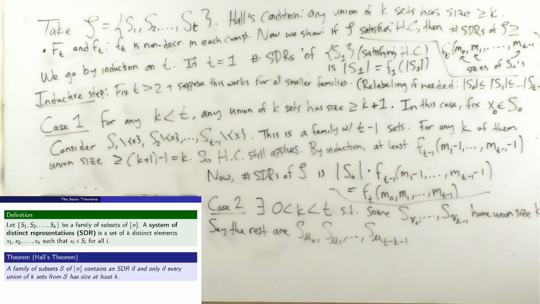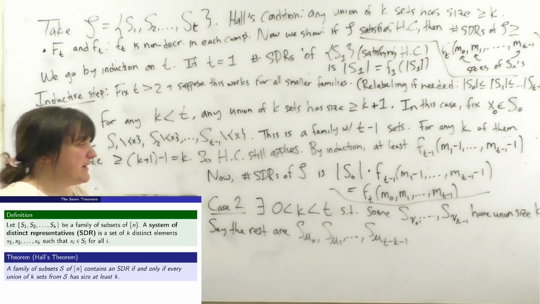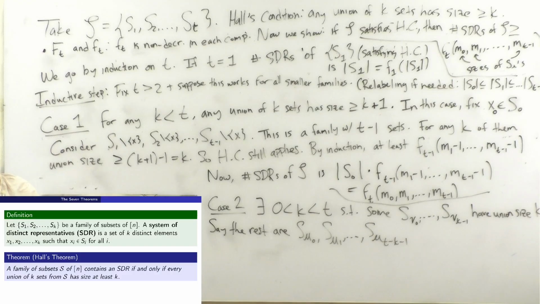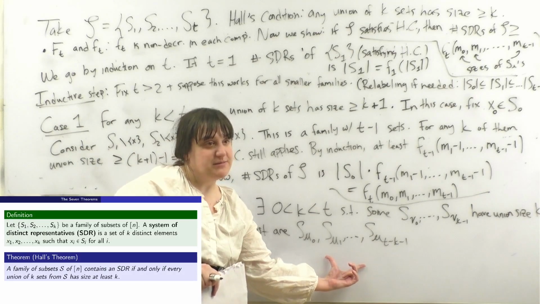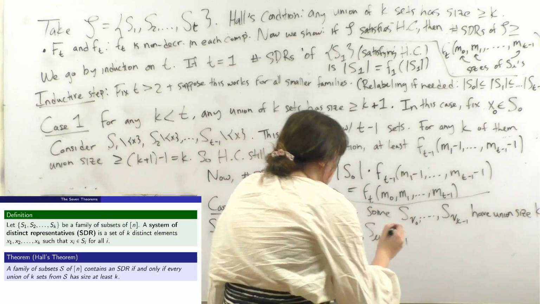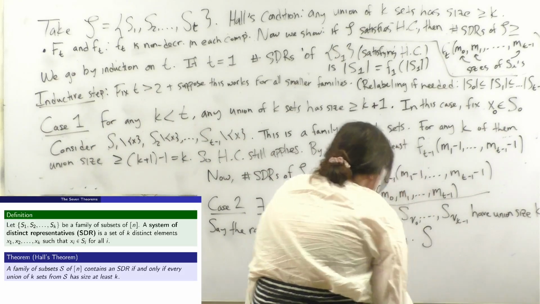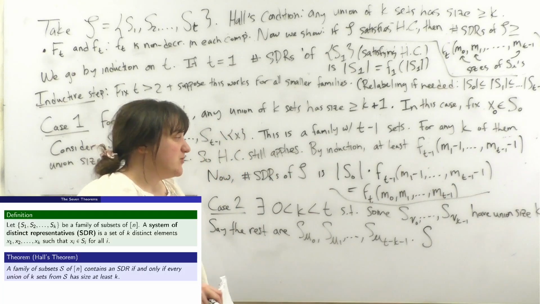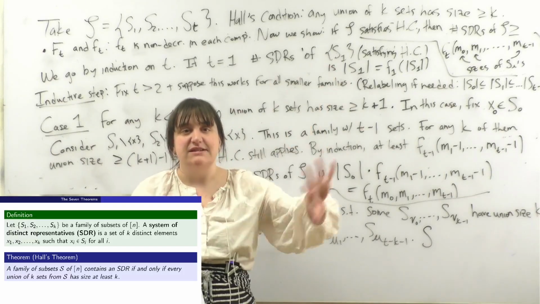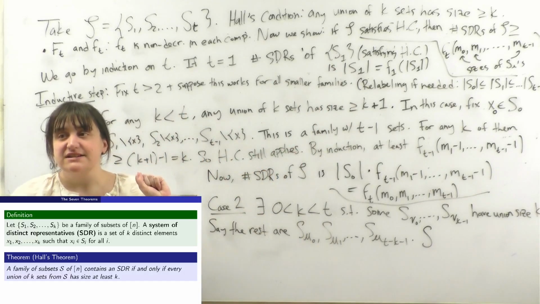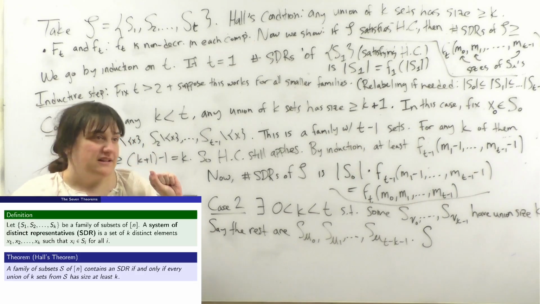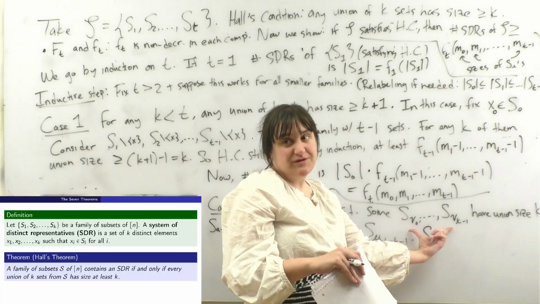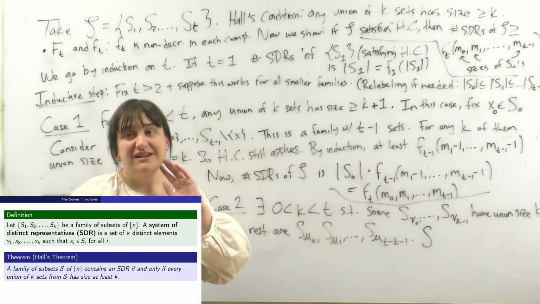So what I want to now do is think about this family, applying induction. And I'm going to apply induction to something similar to this family. I'm actually not going to exactly use this family. What I'm going to observe is if I have a subset where Hall's condition is tight, then any SDR that I picked would have to make an SDR of this guy, right, of the smaller guy.